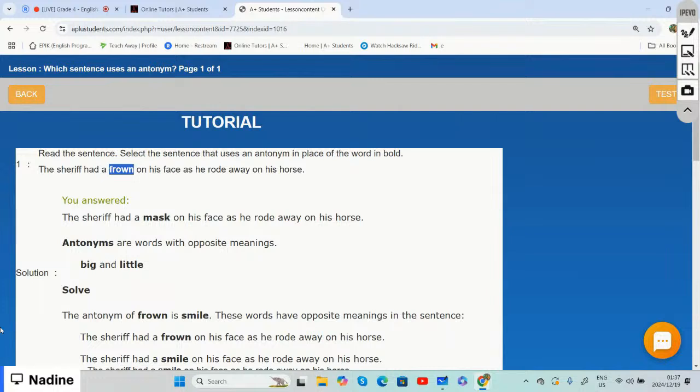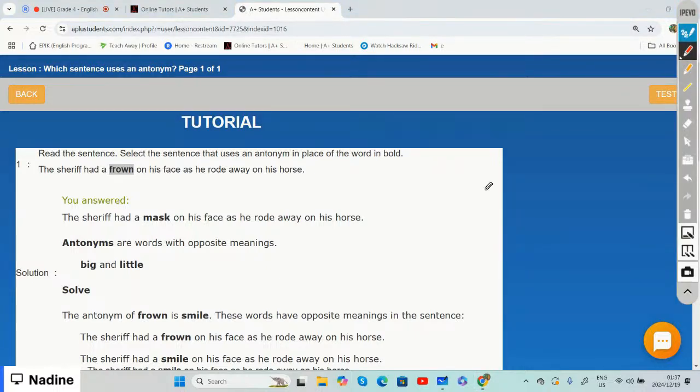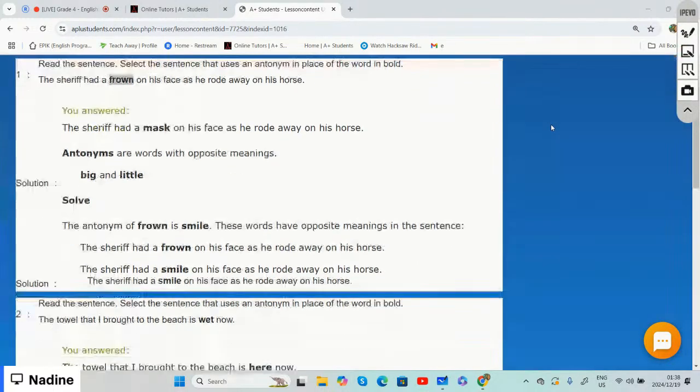So the opposite of frown, right, is smile. Because frown, it looks almost like you're angry, but smile, right, it's like you're lightening up your face. So smile is the opposite of frown, right?